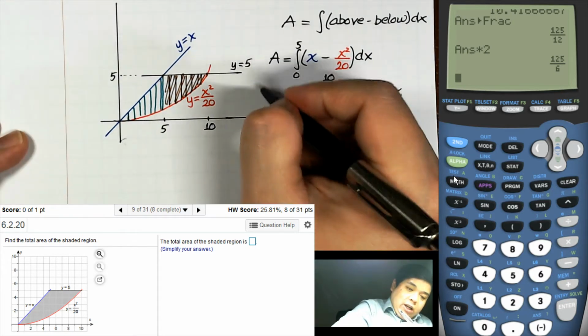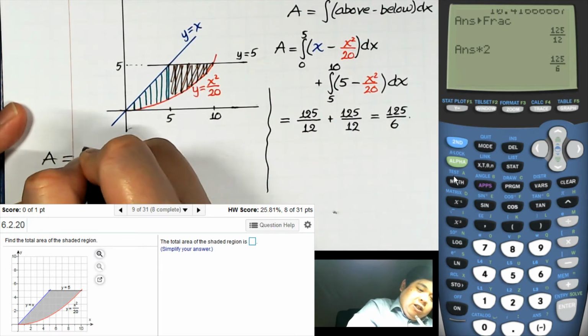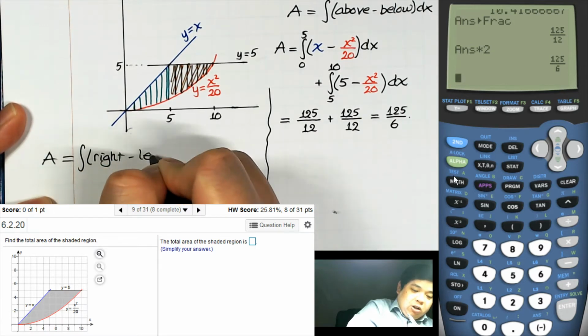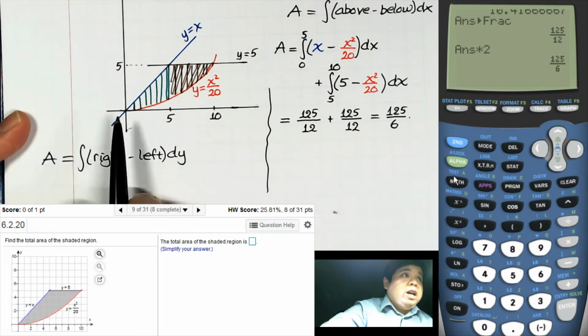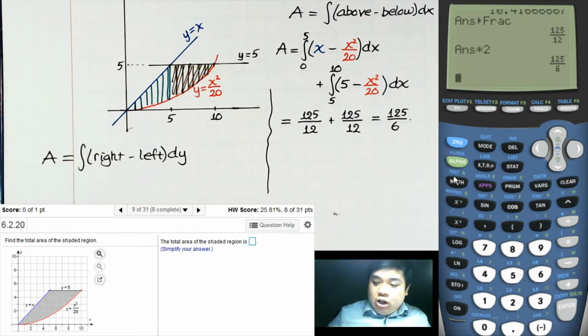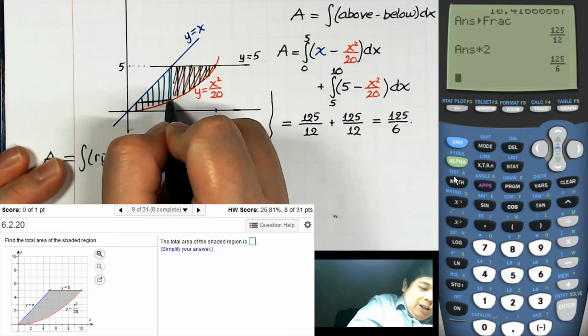The other way is using dy. If we use dy, it will be the function on the right minus the function on the left, dy. In this case, we know the y limit will be from 0 to 5. Now let's check. If we use dy, it may be difficult to see, but now it's not too bad.